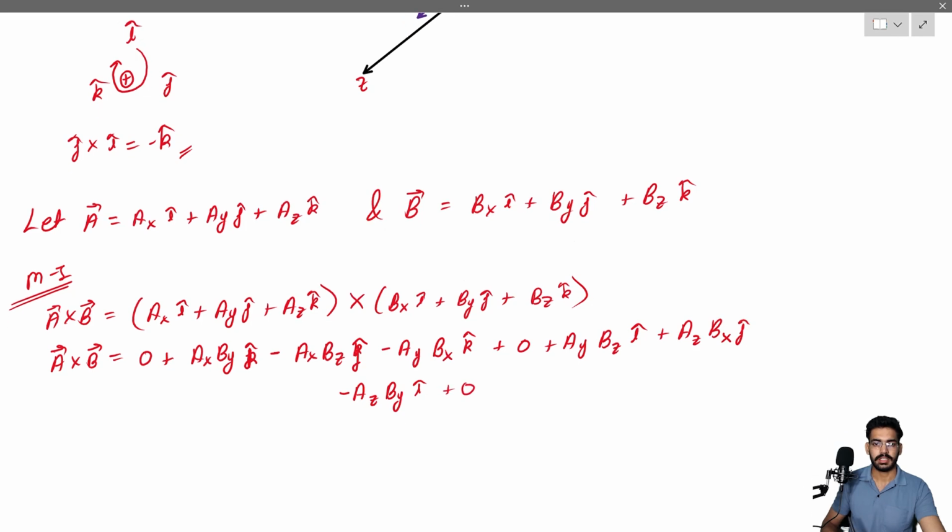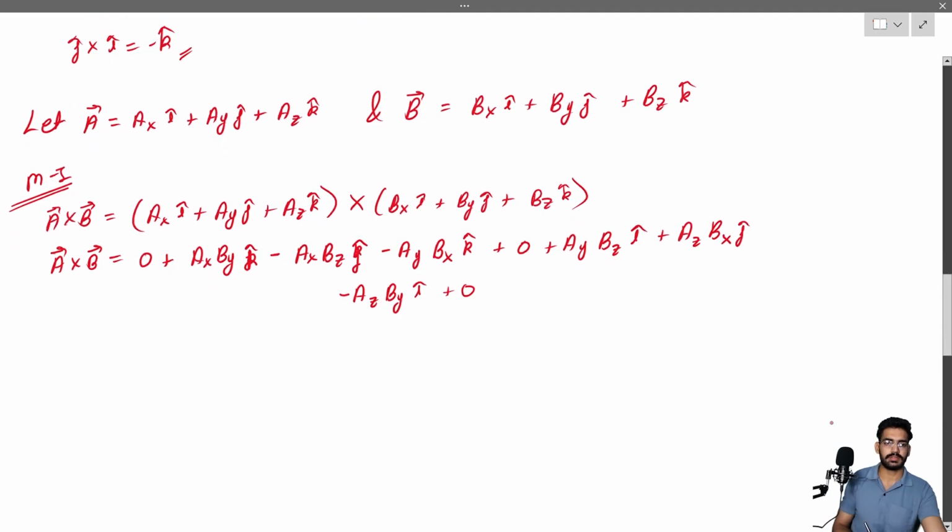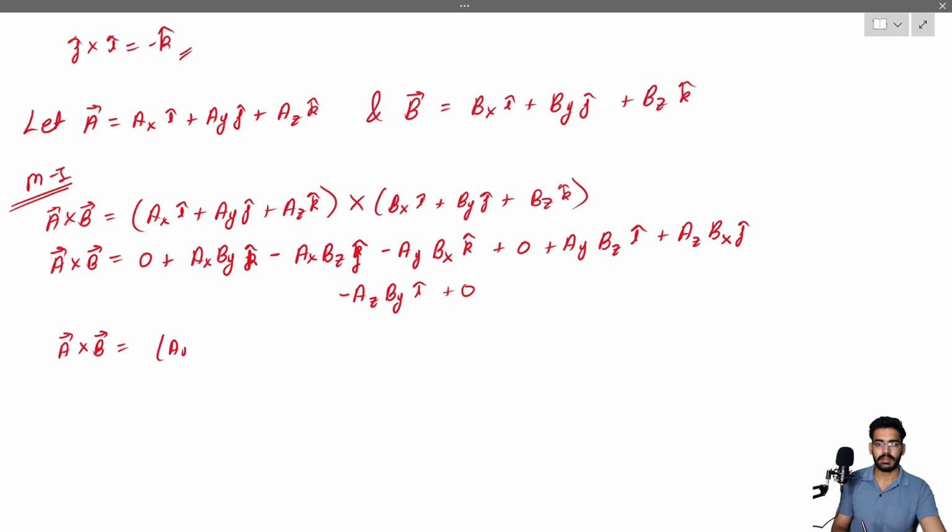This is your quantity. Now separate all the quantities of i together, j together, and k together. For i, you have ay bz minus az by, i cap. Now take a negative common; why I am taking it common, I will tell you later on.